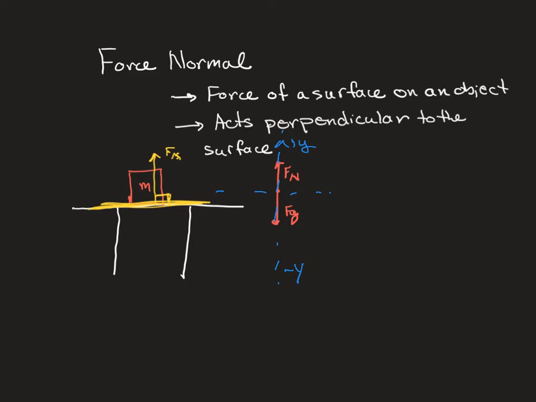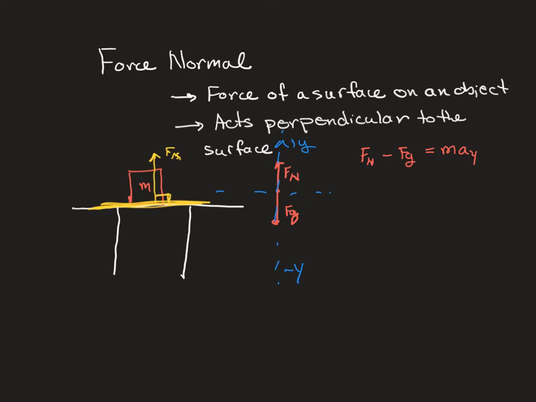So if I now want to sum forces, we don't have to worry about the x direction because there's no forces acting in the x. Nothing is pushing the box sideways. We can say the force normal, and the force normal acts only in the y direction, so we can just write down the force normal, minus the force due to gravity, and that's going to equal mass times acceleration in the y direction.